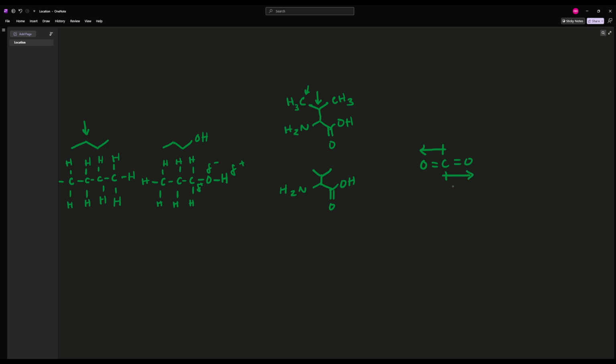Notice how they cancel each other out. They do not sum together. This one is pulling in this direction with the same amount as this pull in the other direction. If you've ever tried to move something where one person is pulling in one direction, the other one is pulling in the other direction, and you're pulling with the same amount of force, it does not move. So even though this possesses polar bonds, this is in fact a non-polar gas.